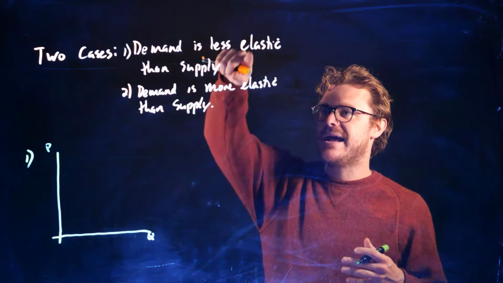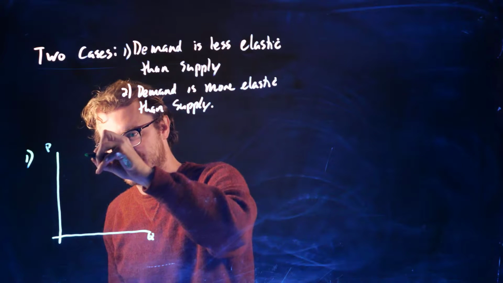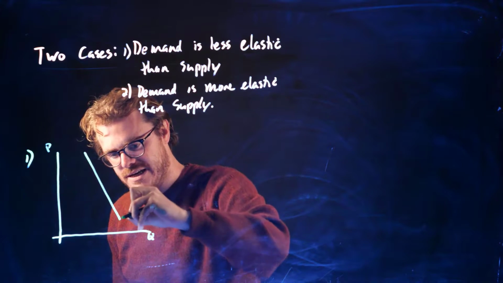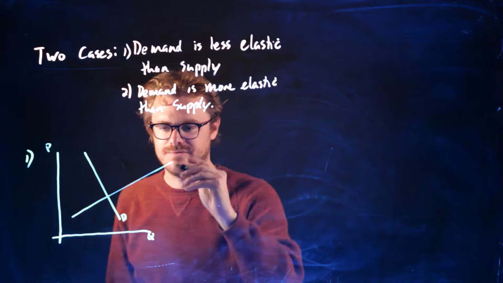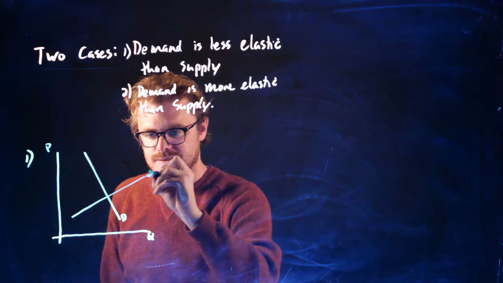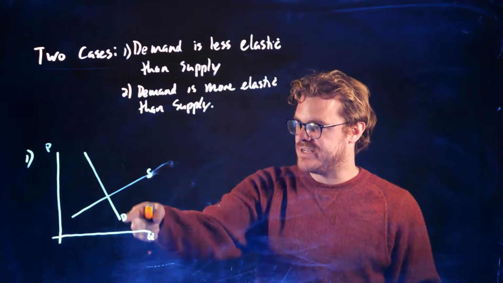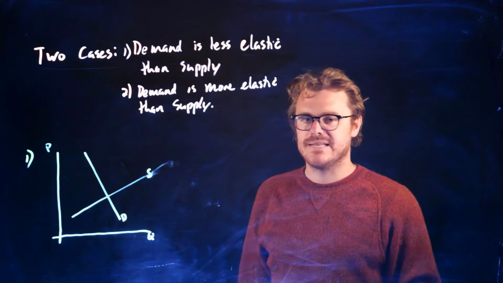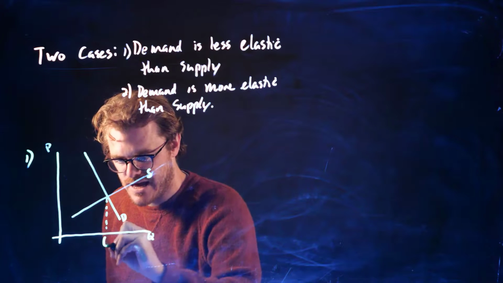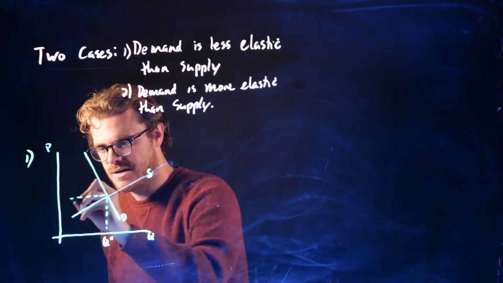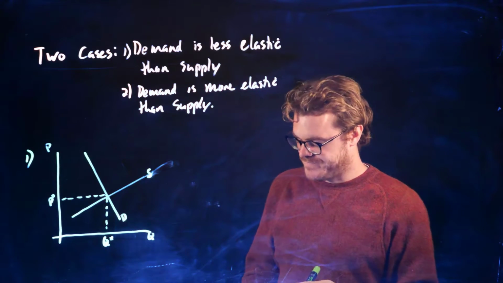So if demand is less elastic than supply, our demand curve is relatively steep, where our supply curve is relatively flat. So demand is relatively more inelastic than supply. And so we have this equilibrium quantity Q star, and then we have the equilibrium price P star.